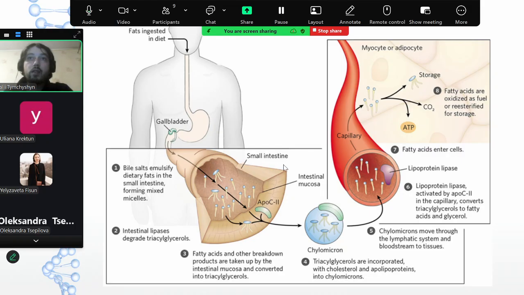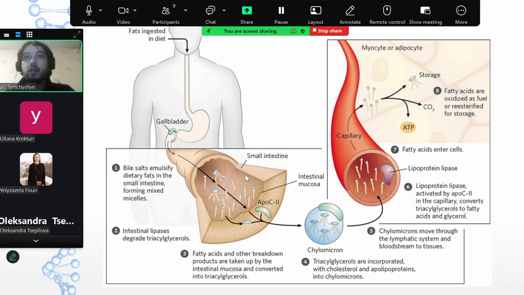And here in the small intestine, the bile salts that were produced by the liver in that circulation that I showed you, that green circle, emulsify dietary fats in the small intestine and form some sort of mixed micelles.